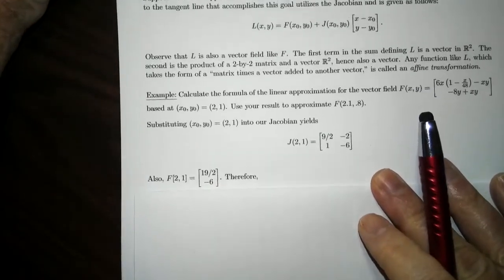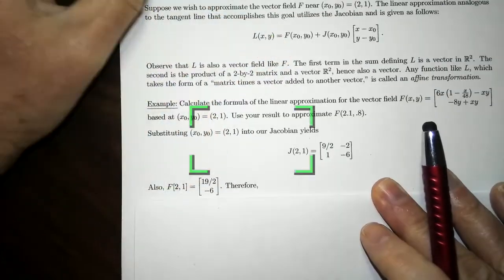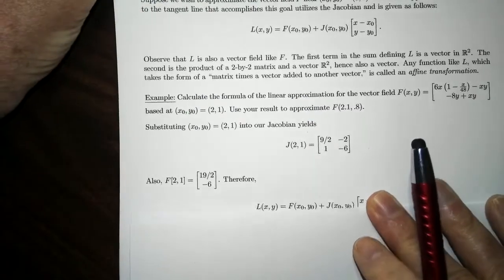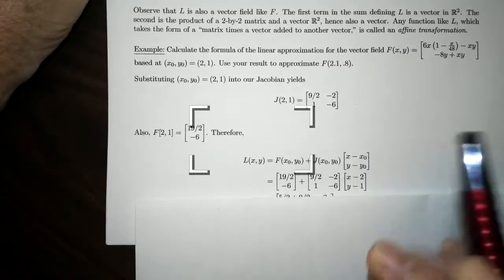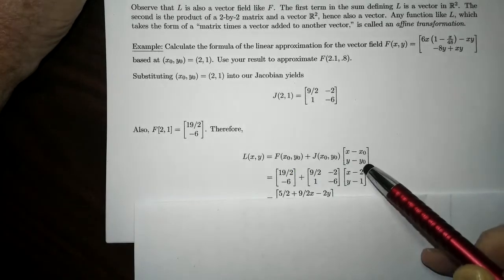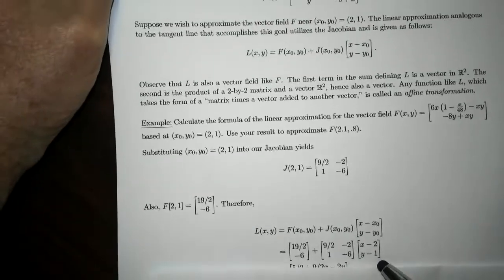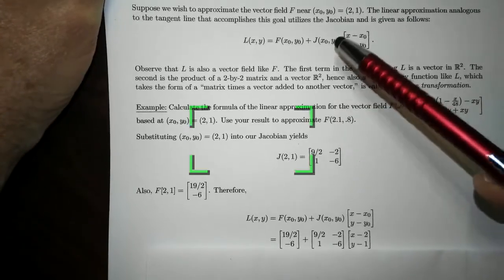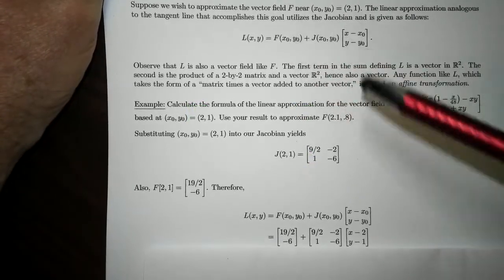So our linear approximation would be 9 halves, negative 6, plus our Jacobian matrix times x minus 2, y minus 1. So we're simply evaluating and using this formula right here.